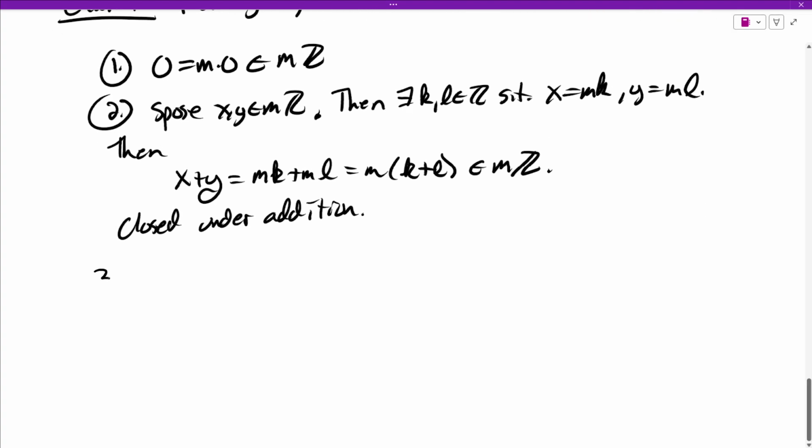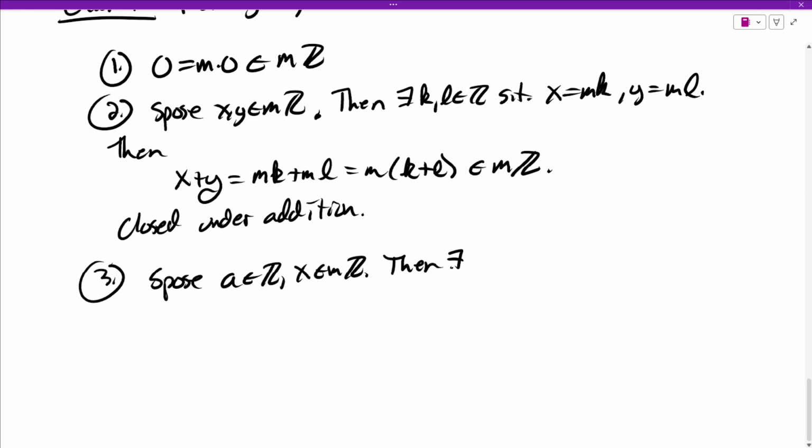And now we need to check it absorbs multiplication by Z. So suppose that a is in Z and x is in mZ. Then, like before, there exists some k in Z such that x is mk.